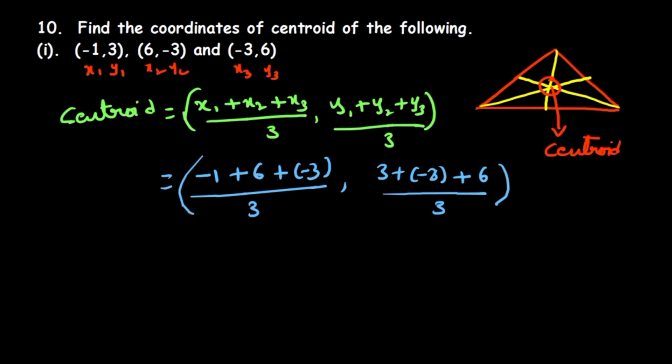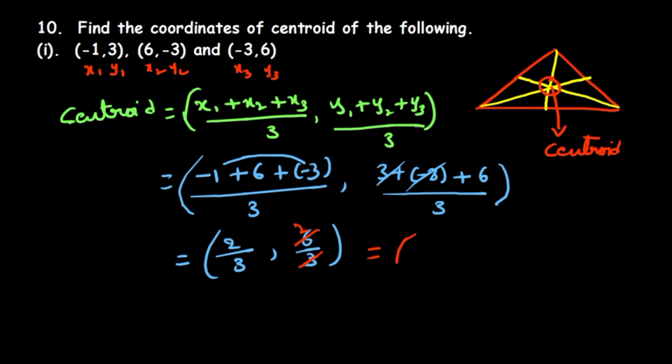So that is equal to minus 1 minus 3 minus 4, 6 minus 4 is 2, by 3. So minus 3 plus 3 get cancelled, here it is 6 by 3. So 3 2s get cancelled. We have 2 by 3 comma 2. Okay, so this is the problem, and the next question is in the same model.